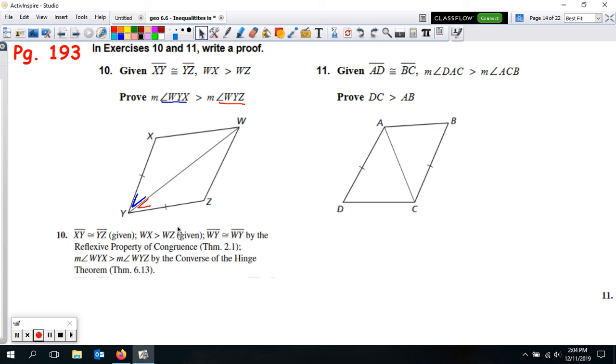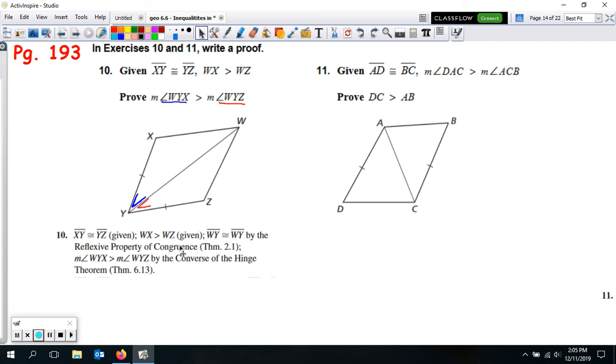And we also have it set up because this side right here is greater than this side over here. Because we're talking about sides here, and we're given the sides, we're trying to find the angles. That's the converse. And so now what we would say is the prove part.